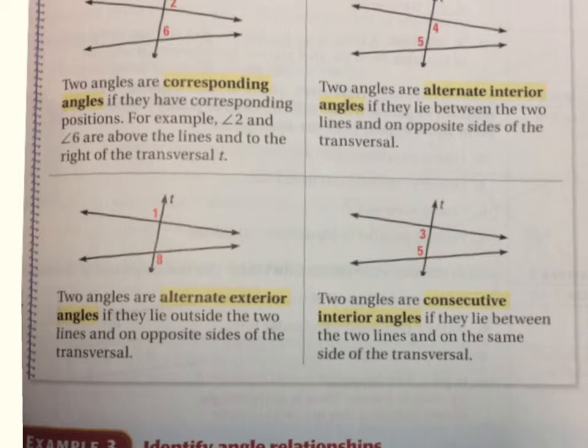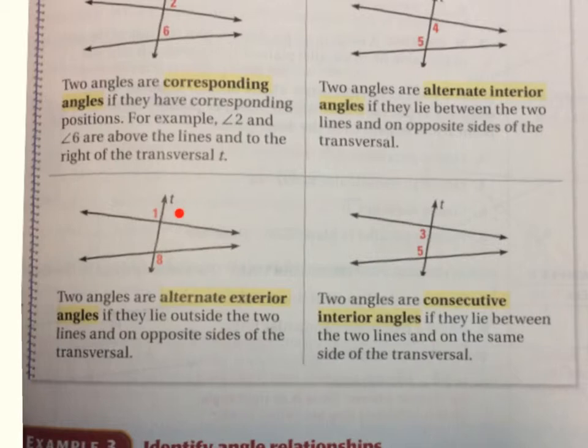Okay, so we have next the alternate exterior angles. Very similar to alternate interior, where the word interior means inside, and exterior means outside. So for this one, we have angle 1 up here and angle 8 down here.